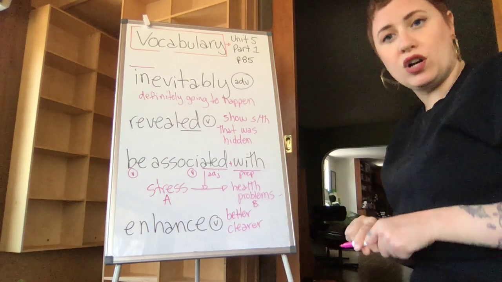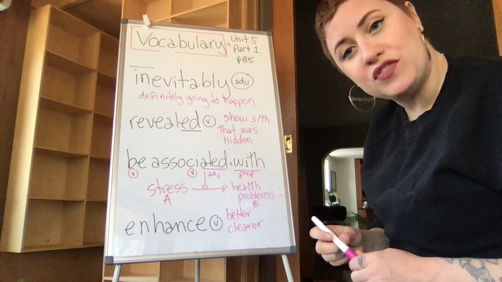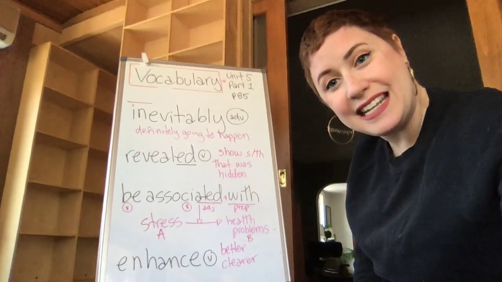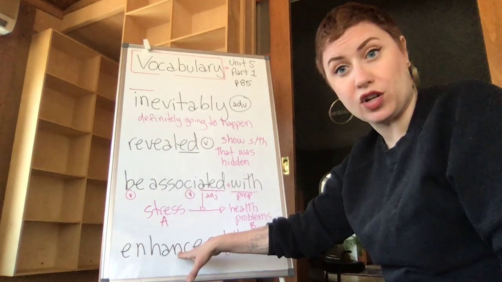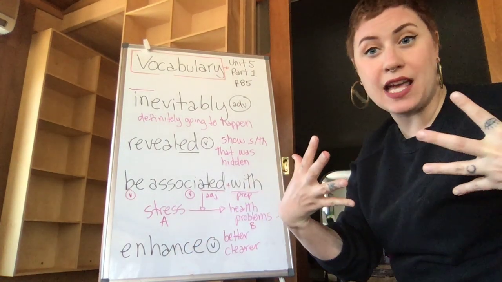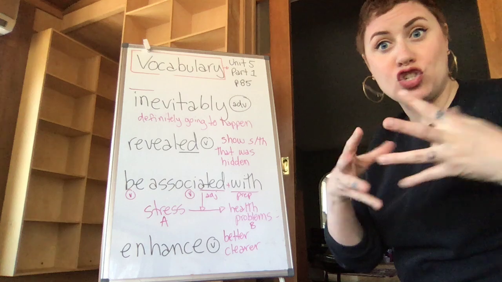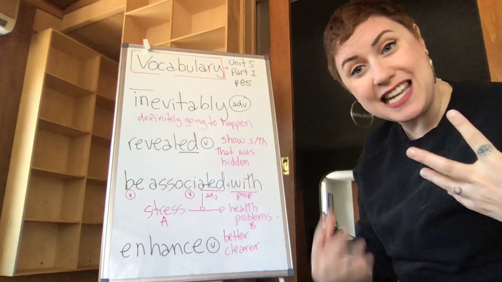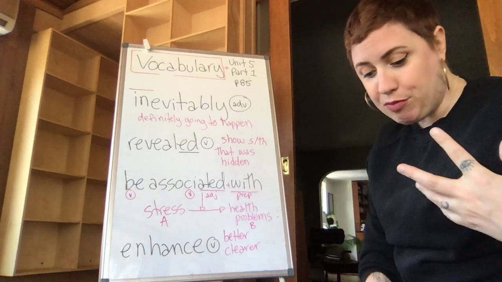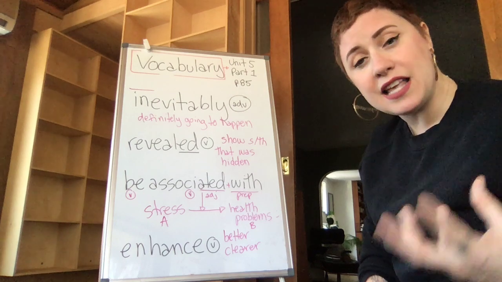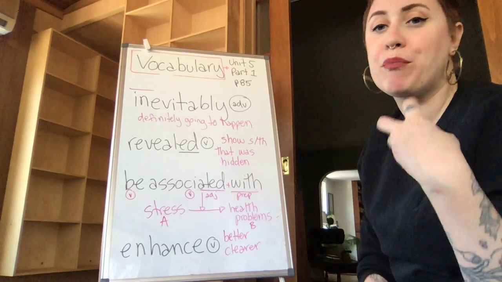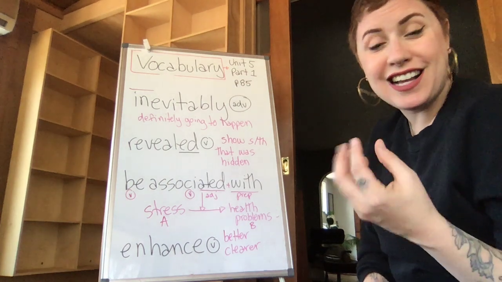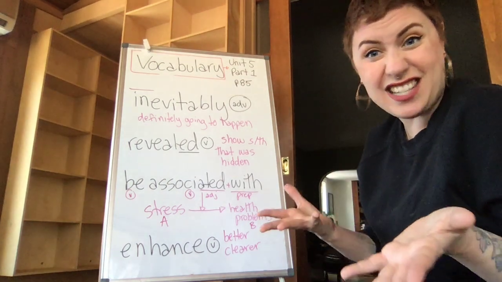When we've taken a photograph and we are editing it on the computer, we sometimes use this verb. We need to enhance the image, make it brighter, make it stronger, make it clearer and easier to see. But here it says to enhance your quality of life. So that is to make your quality of life better, clearer, nicer.